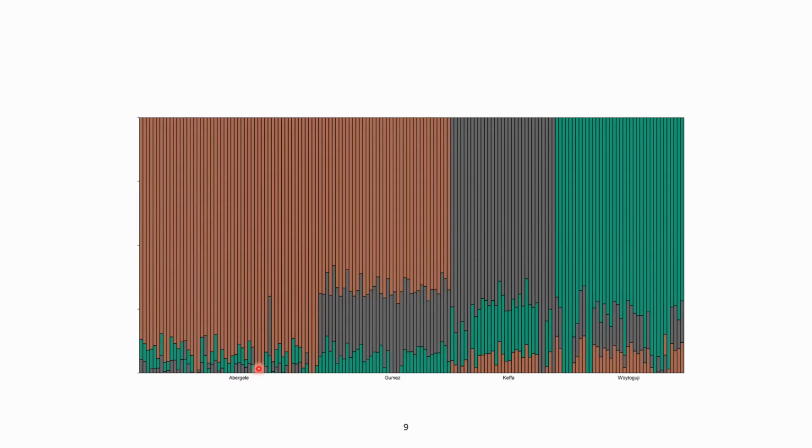So, for example, these are these guys here, or also in the other populations, you see other animals that are of a specific color, meaning that according to the admixture analysis, they consist only of this one parental population.